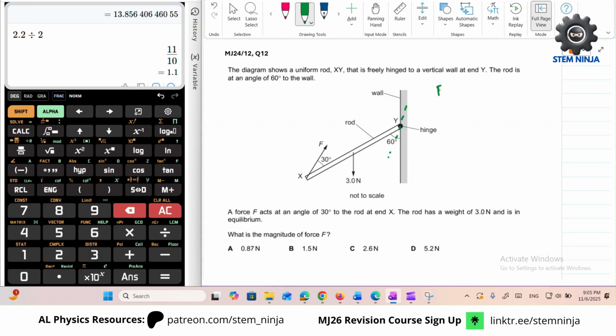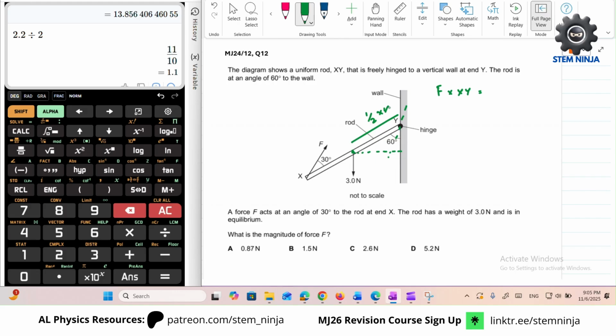So F times by, do we have length XY? Okay, we don't have. All right. And the 3 Newtons, since this is uniform, this is half of XY. This is half of XY. And this is acting, we will need perpendicular direction.